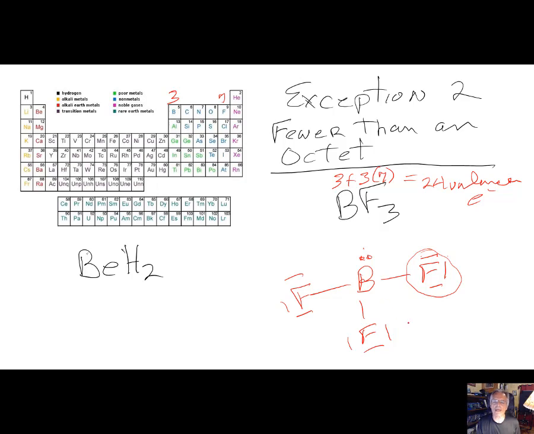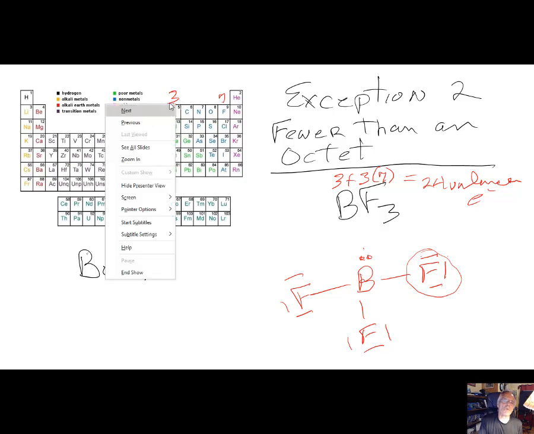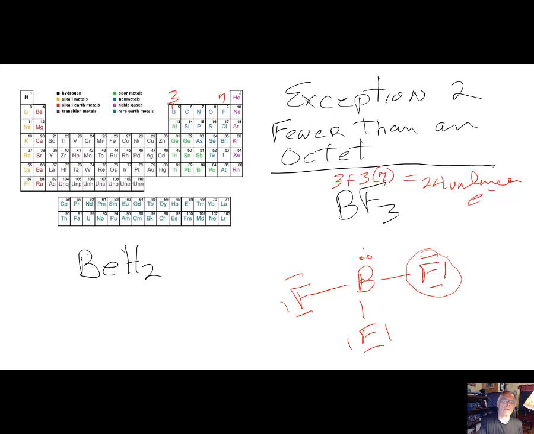And 3 times 8 is 24, plus these are 26. You're going to have to remember that boron is one of those atoms that's electron deficient and in the group, and it only has 3 valence electrons, so we just simply erase those electrons because they don't exist in boron trifluoride.